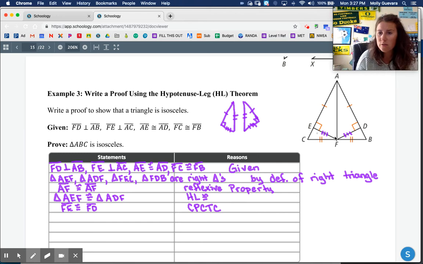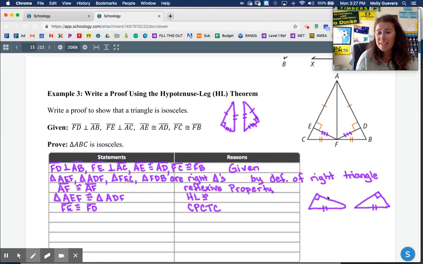Okay, so now let's look at these bottom triangles. And again, I'm going to draw them separately. So here are those bottom triangles where this one's a right angle, and this one's a right angle. And I'm given that these two sides are the same.